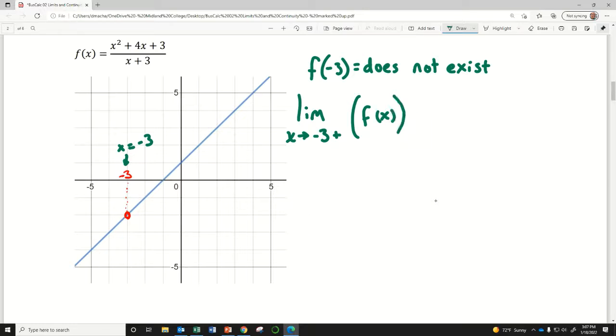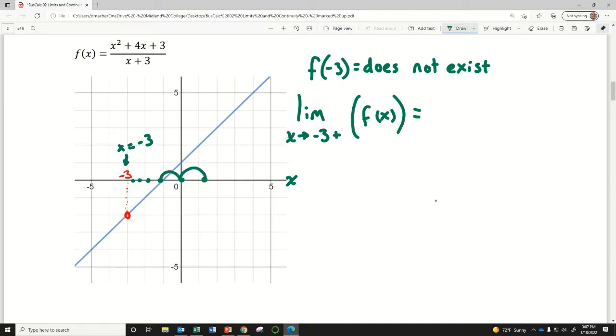f of x. And to do this, all I have to do is choose some value on my x-axis that's larger than -3, and then start to walk towards it. So take a few points getting closer and closer to my limit point, x equals -3, as I approach from the right side.